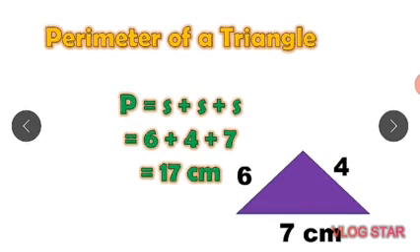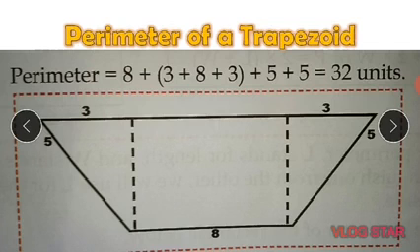For example, find the perimeter of a triangle with sides of 6 centimeters, 4 centimeters, and 7 centimeters. Just add the measurement of each side. 6 plus 4 plus 7, 17 centimeters. That is the perimeter of a triangle.